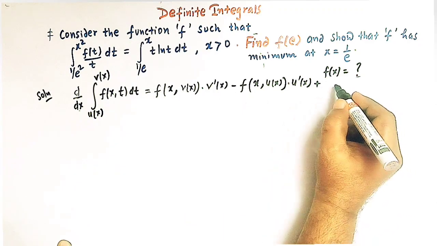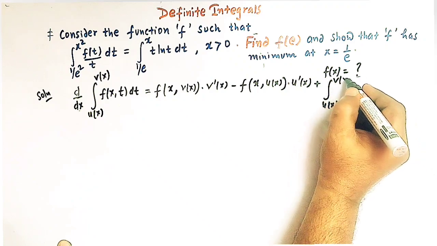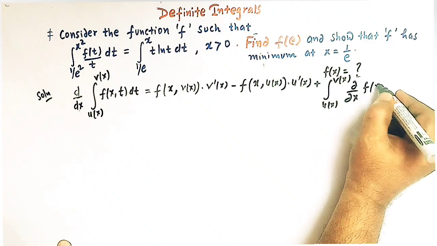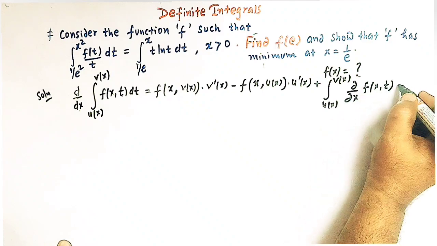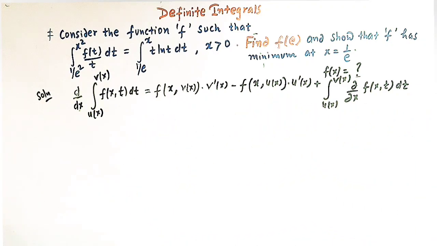So we write here the integral from u of x to v of x, and here we have del over del x of f of x comma t dt. So this statement is known as Leibniz integral rule.